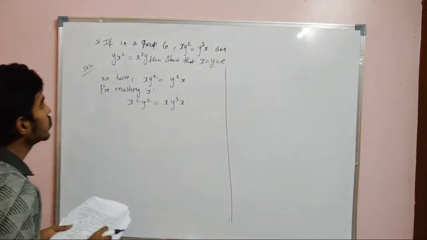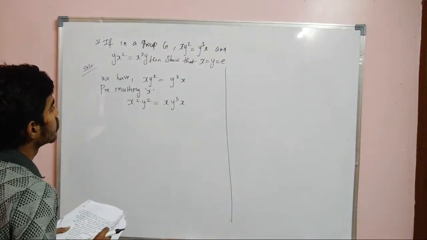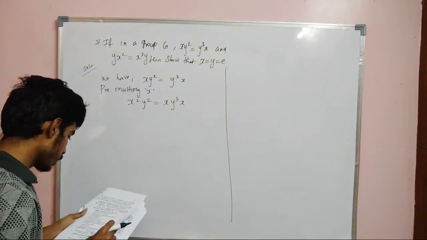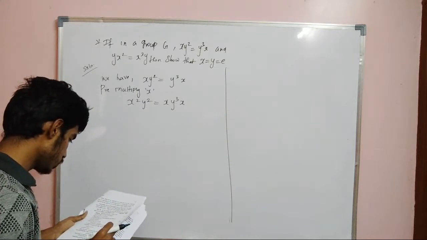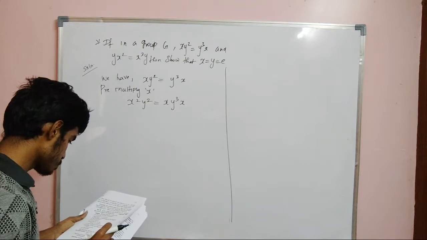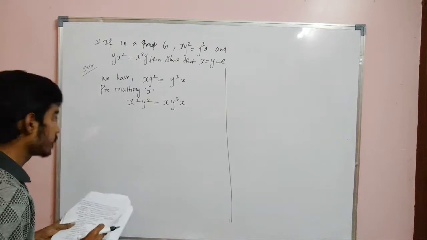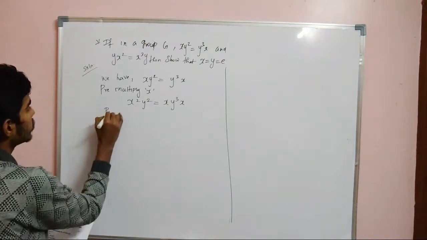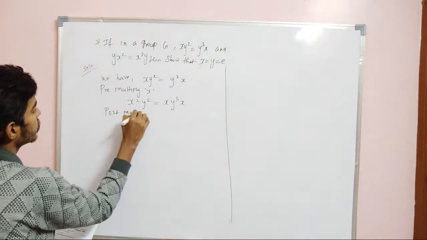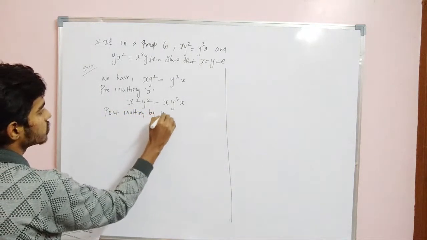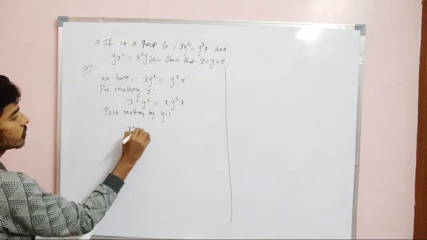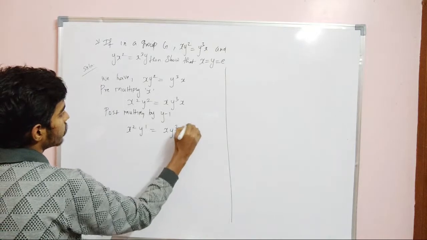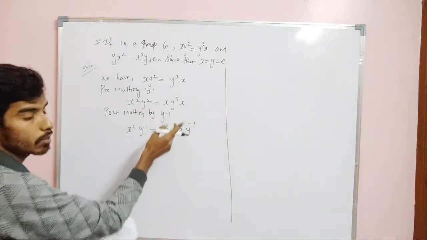Now I will post-multiply by y inverse, y power minus 1. So this will be x square, y power 1, and here x y cube x y power minus 1.